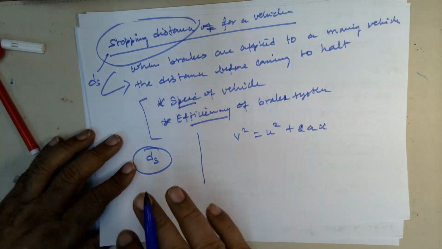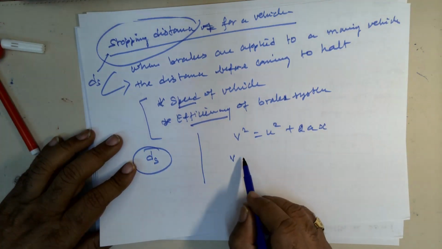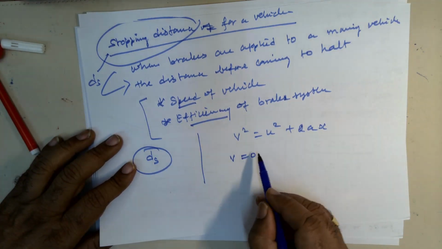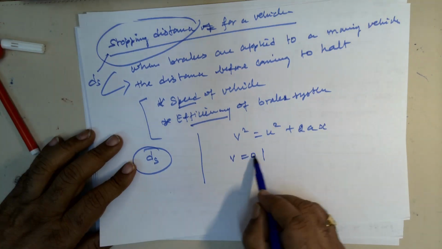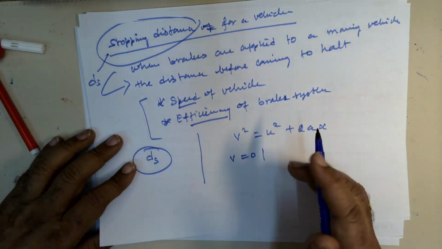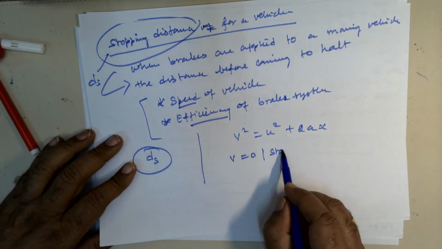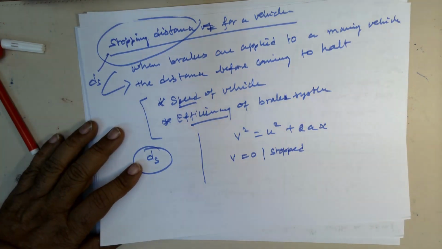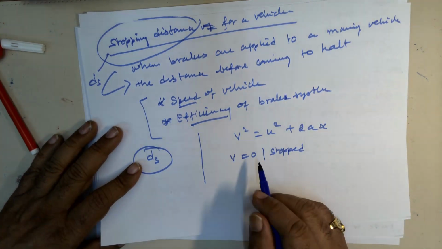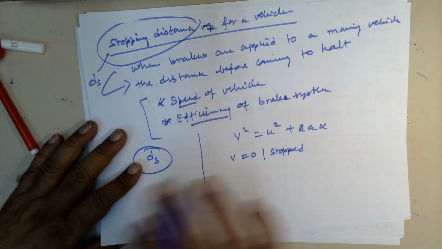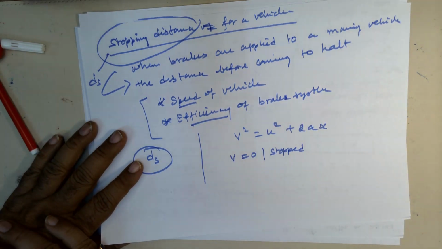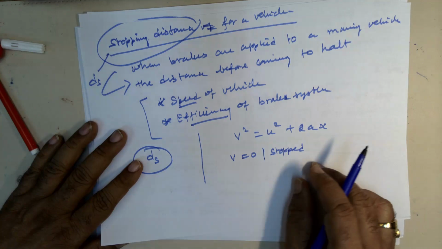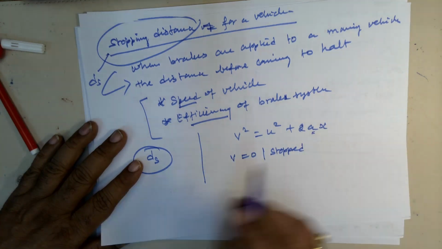Now the final velocity, after applying the brake, is zero, right? Why? Because it is a halt. It is stopped by the brake. So final velocity is zero. And there should be some initial velocity. And also, what is the acceleration?